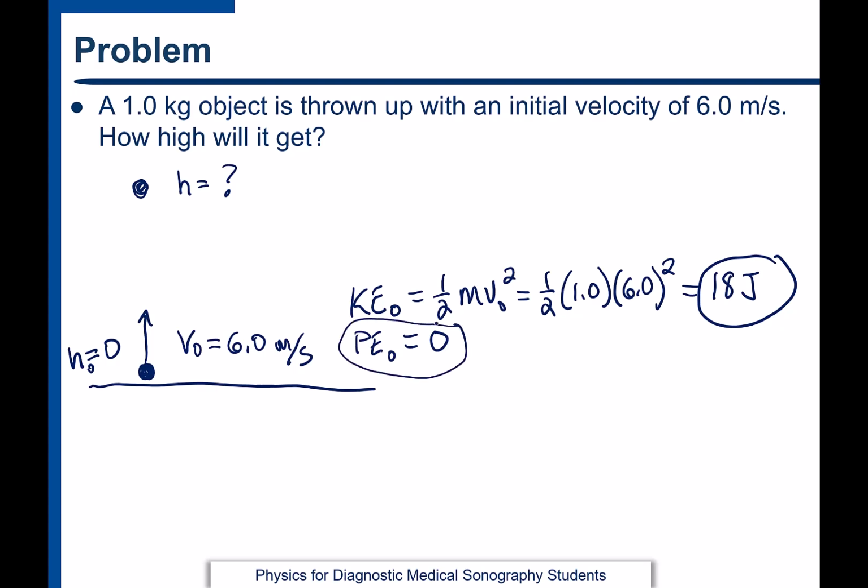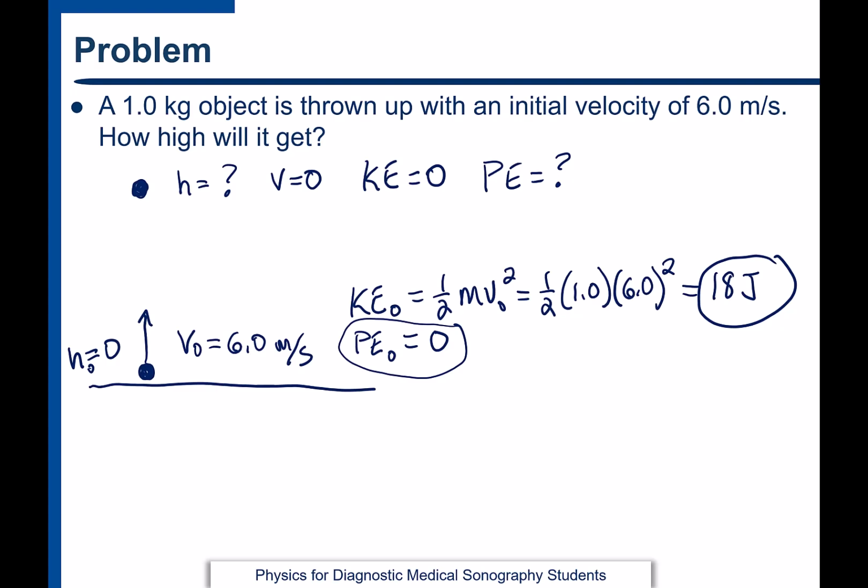Now let's think about what we know at the top. When it's at the very highest point, what's true about the velocity? Well, if you think about it, at the very top, that's where the velocity is going to be 0 for an instant, because that's where it would turn around and start coming back down. So we know the final kinetic energy is 0. Let's figure out what the final potential energy is.